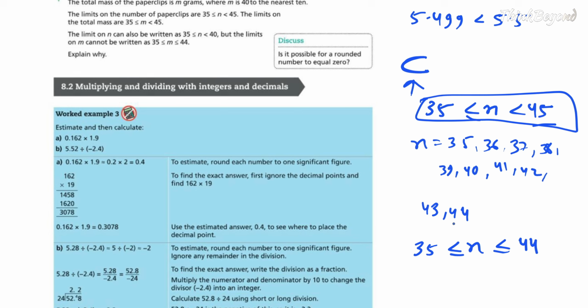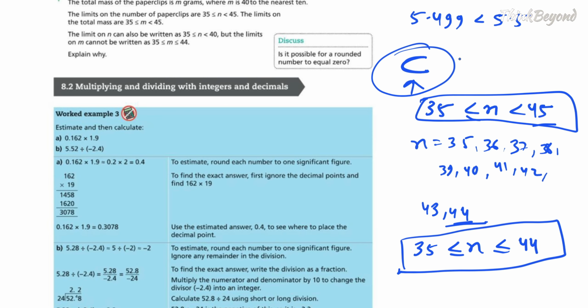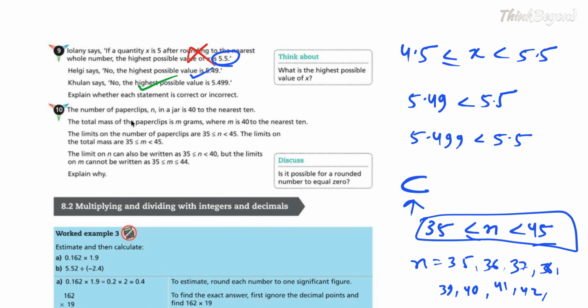It can be 44, right? So it's fine to write 35 less than or equal to n less than or equal to 44, because n can't take decimal values. I've explained, you can't have half of a paper clip, right?